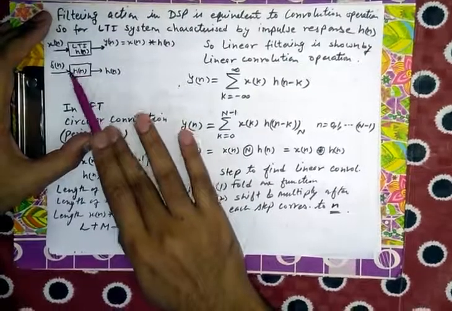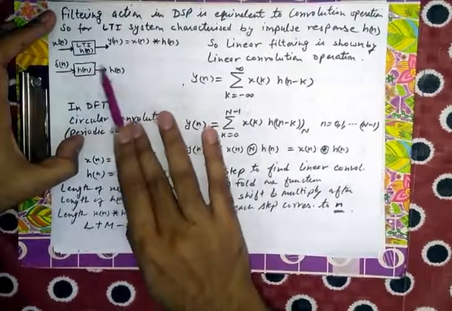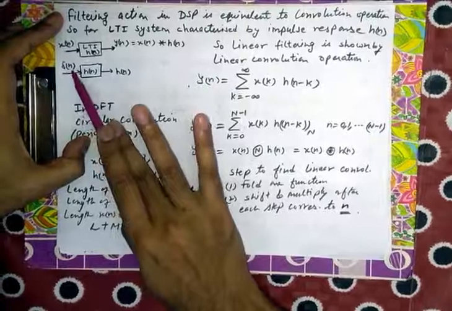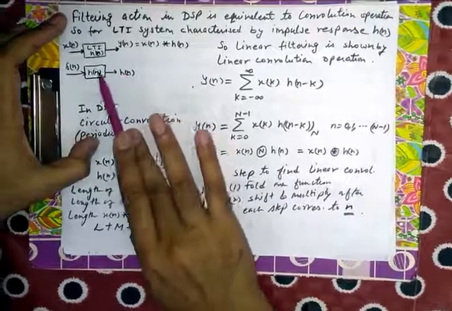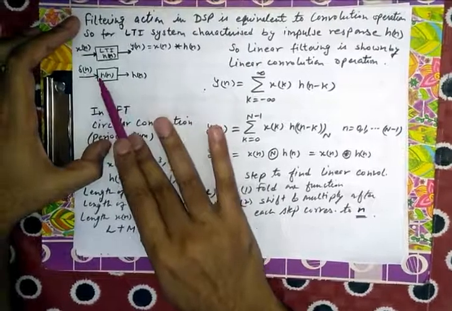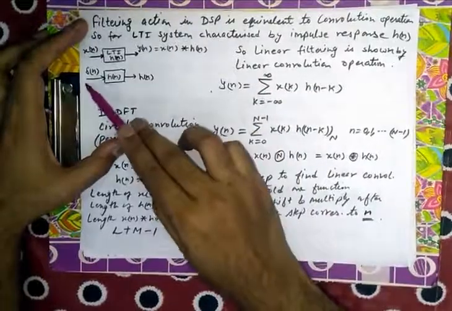And what is this h[n]? When the system is given an impulse input, the response of the system is known as the impulse response of the system.